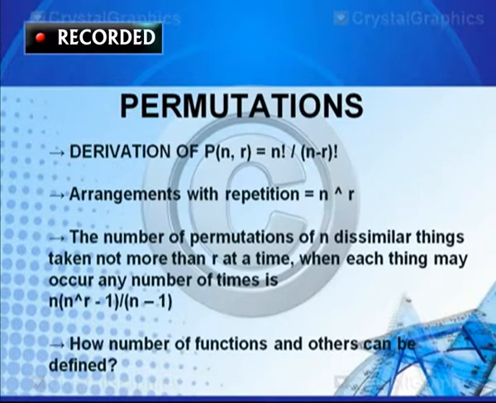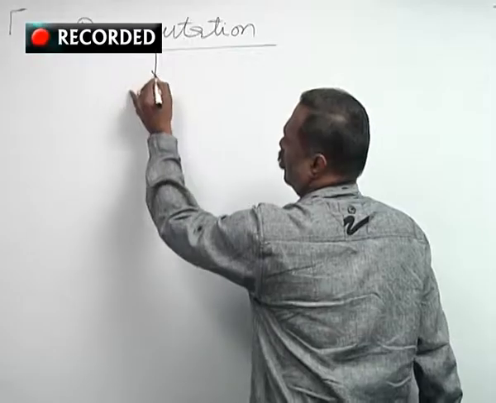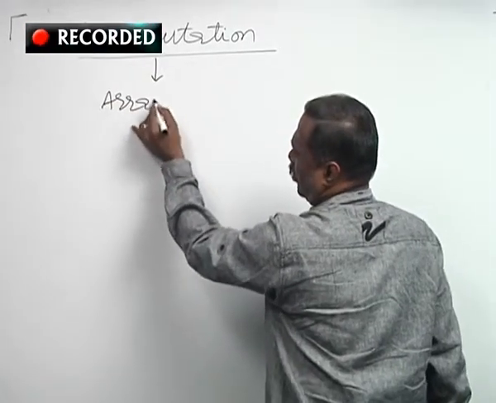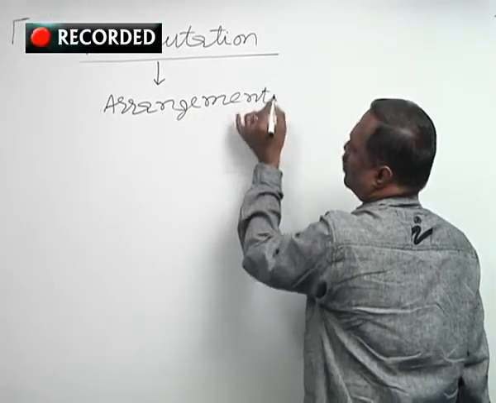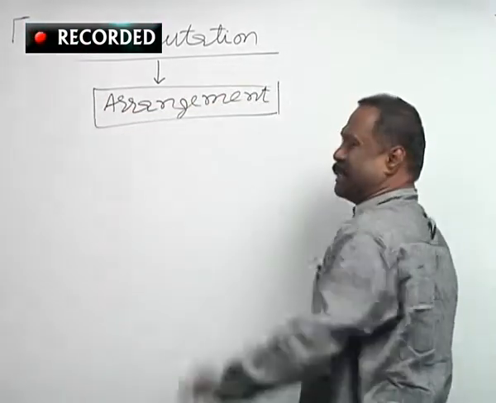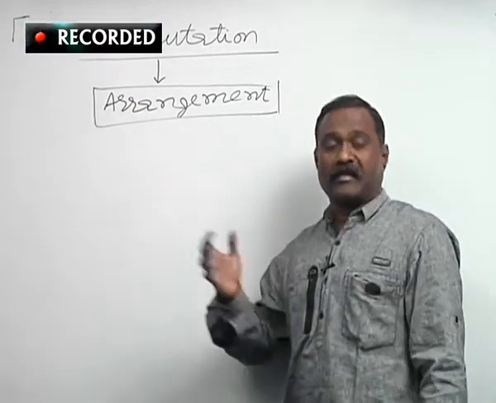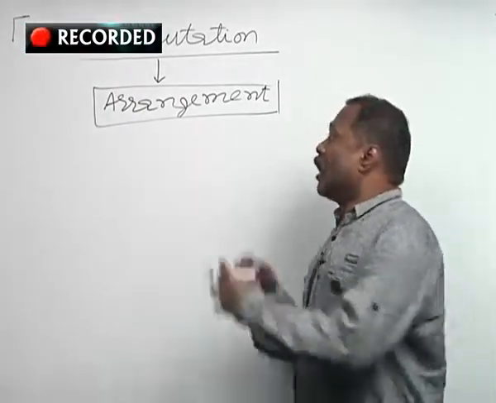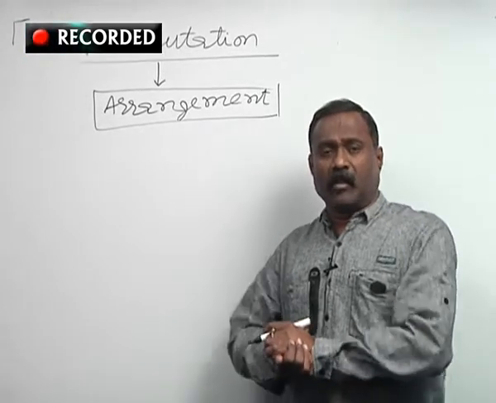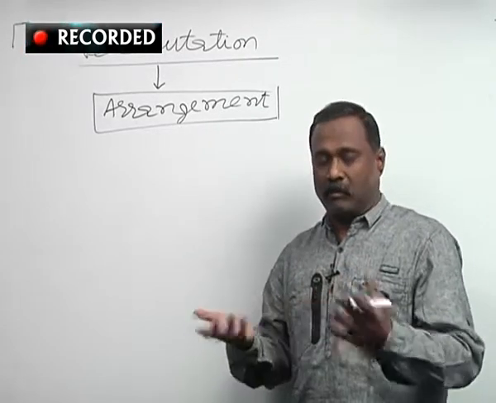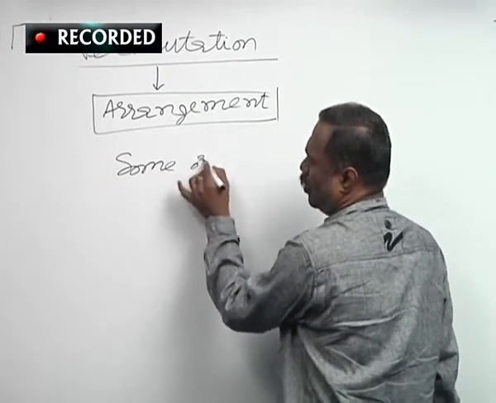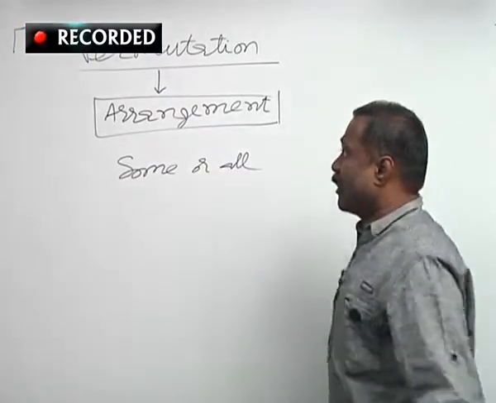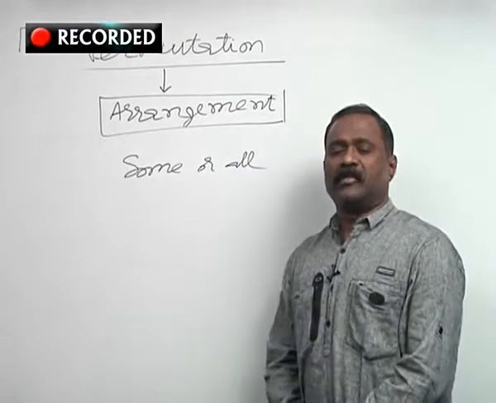For the permutation, the dictionary meaning is nothing but arrangement. Arrangement of what? Arrangement of things or objects or whatever it is. If you arrange the things or objects by taking some or all at a time, that is nothing but a permutation.